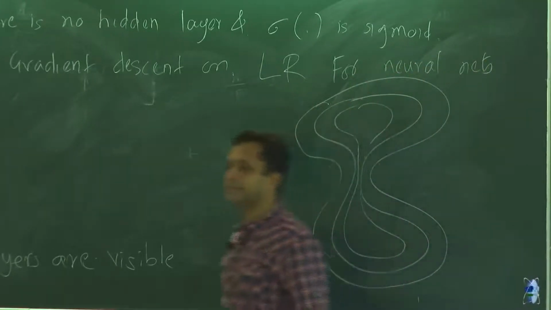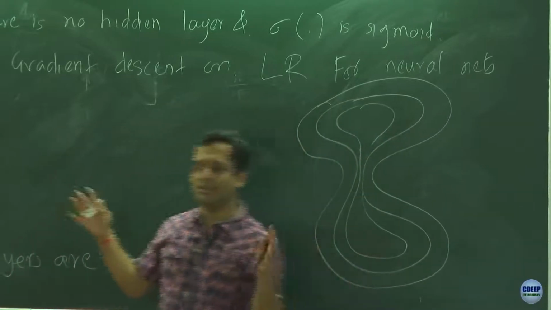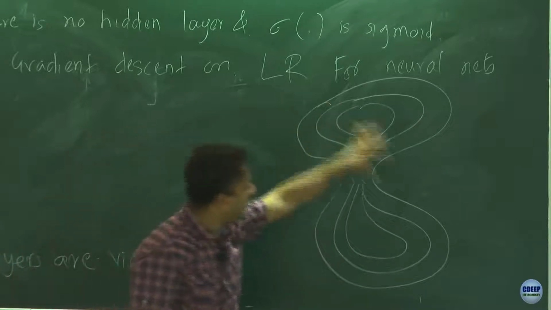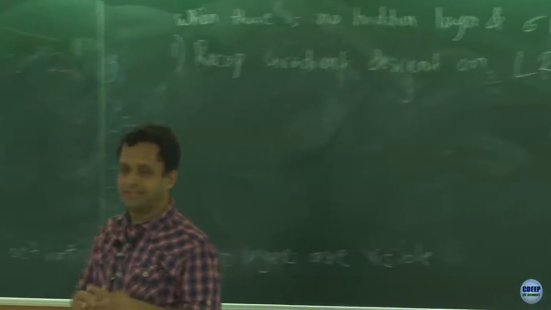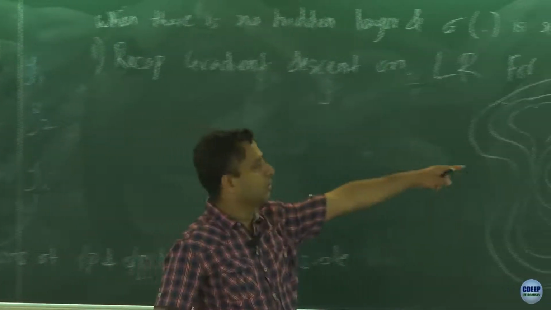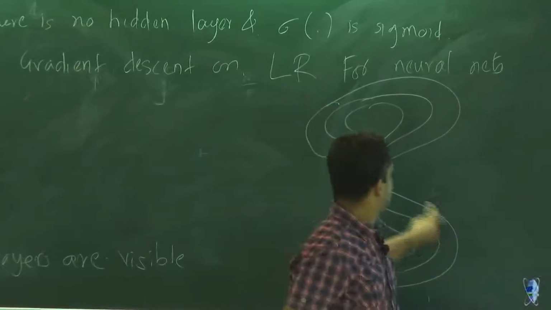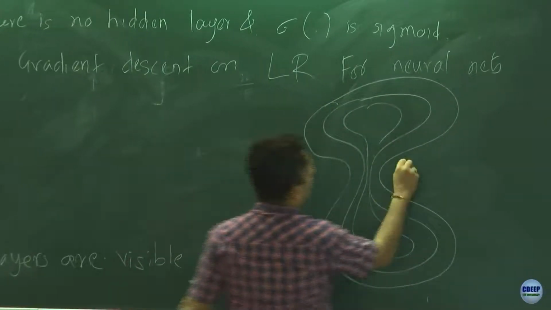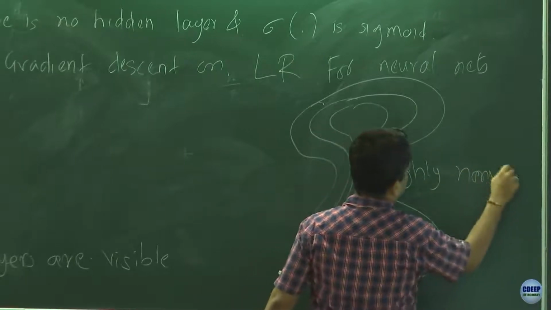For neural networks, these level curves, or call them sub-level sets, the area inside, turn out to be non-convex. This shape doesn't look convex, right? Though that looks convex, each of those looks convex. This is non-convex. In fact, highly non-convex.